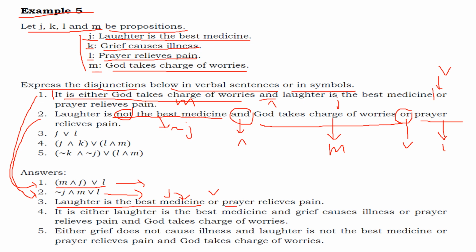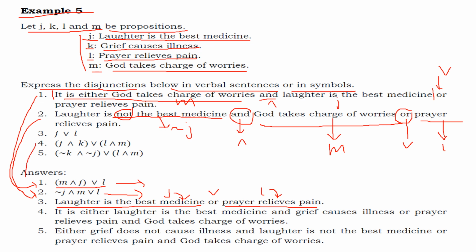Then, prayer relieves pain. So we just simply copy your L there. So this will be your proposition L. Because in your given J disjunction L, there is no involvement of negation and conjunction, we just simply copy the original propositions for J and L. Then we apply the disjunction. That's how simple it is.